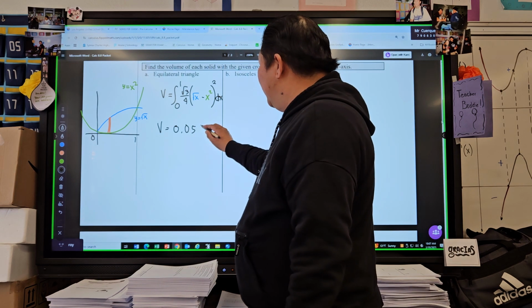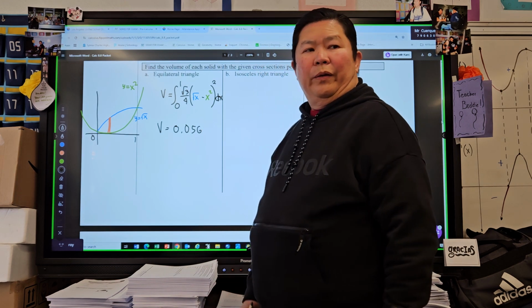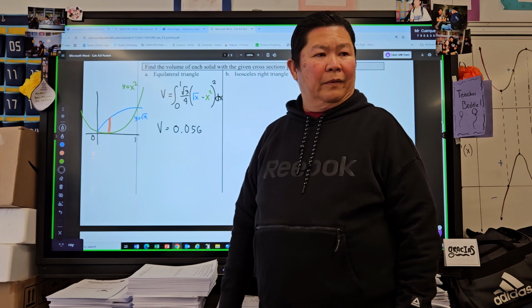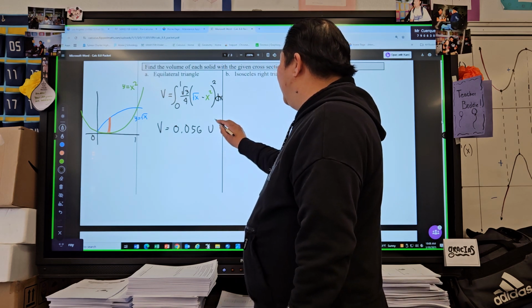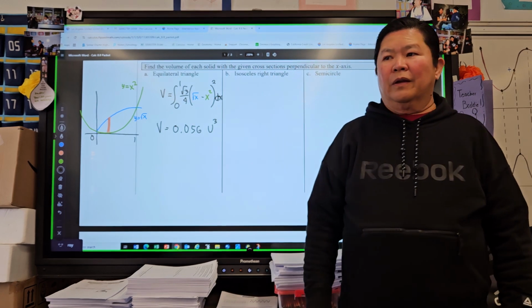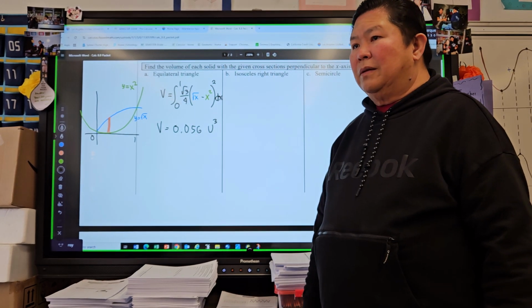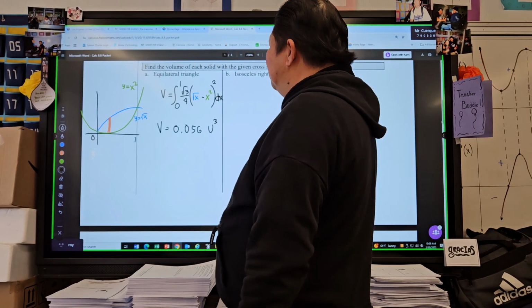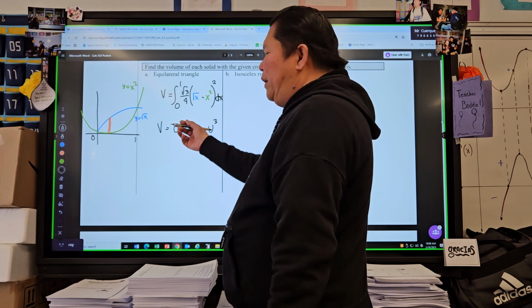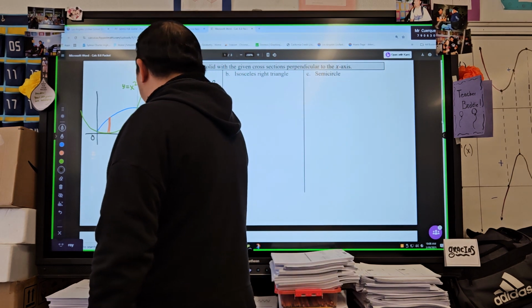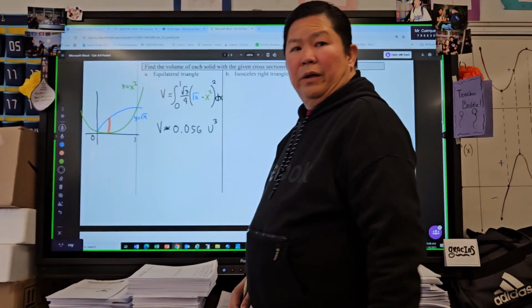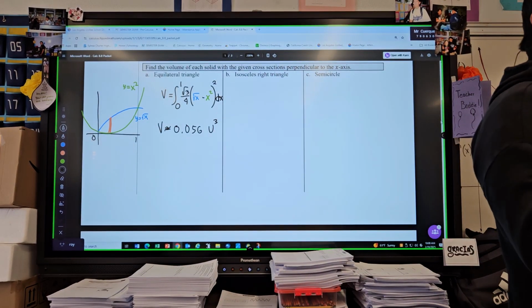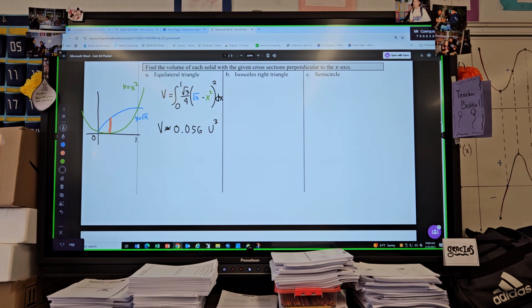So the volume is approximately 0.0556. And what's the unit? Cubic units. U is for units. I was looking to see if there was feet or something.